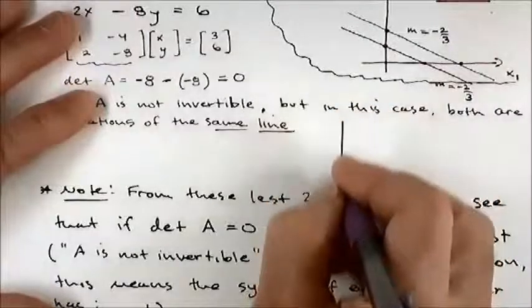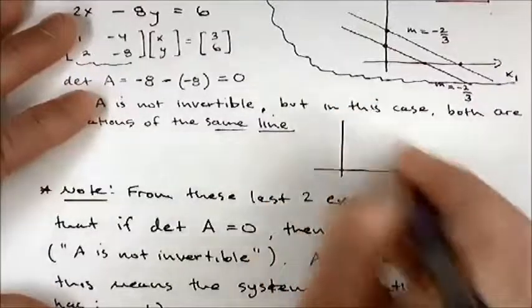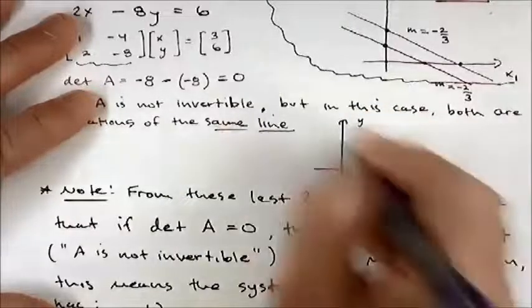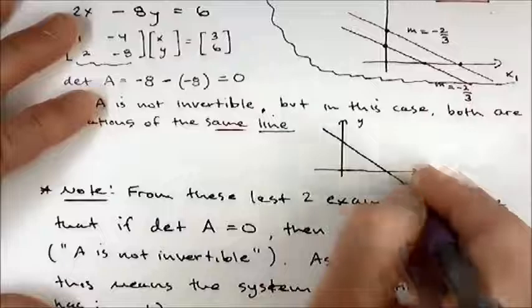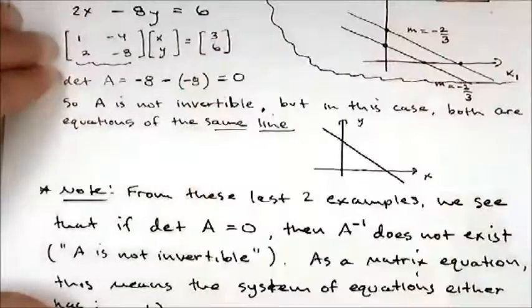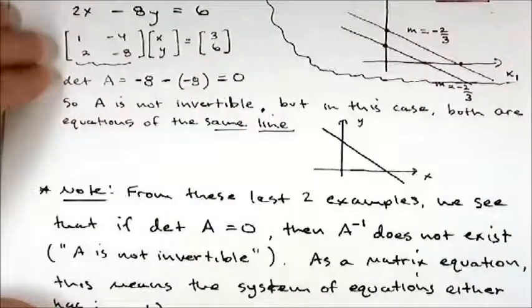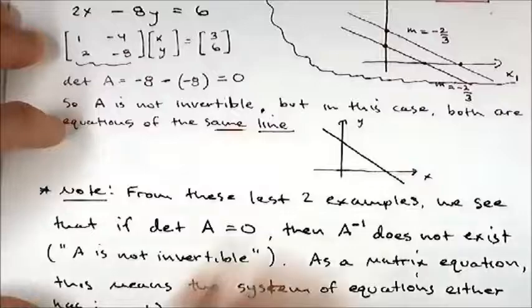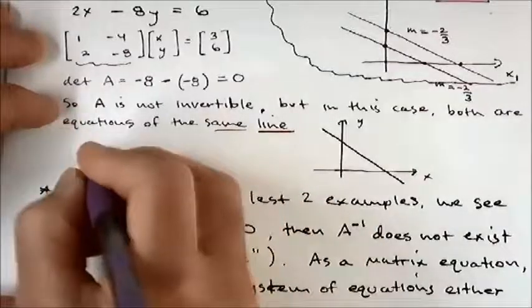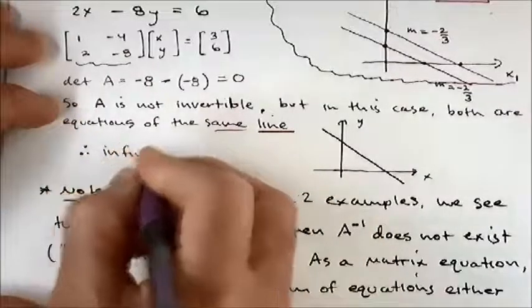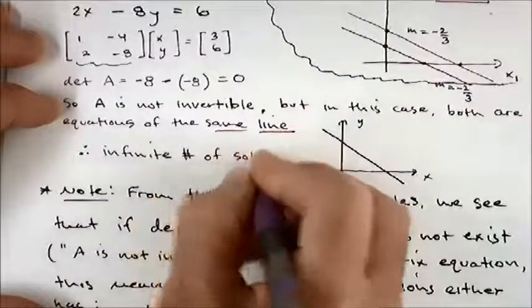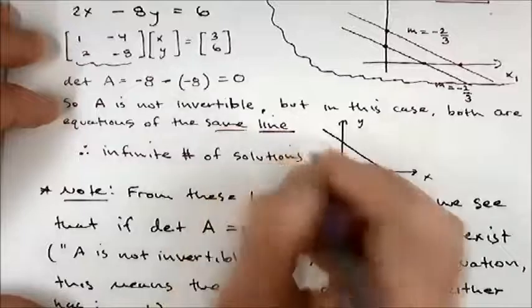And if they're both the equations of the same line, then how many solutions do they have? How many solutions can I find that satisfy both of these equations, knowing that they're the same equation? There's an infinite, yeah, exactly. Therefore, there's an infinite number of solutions.